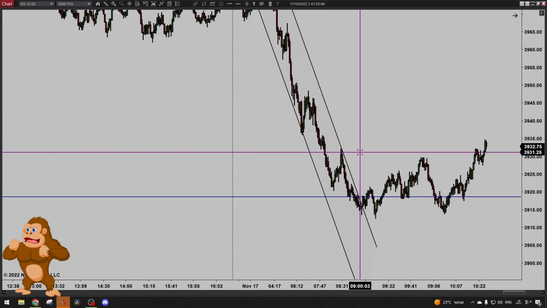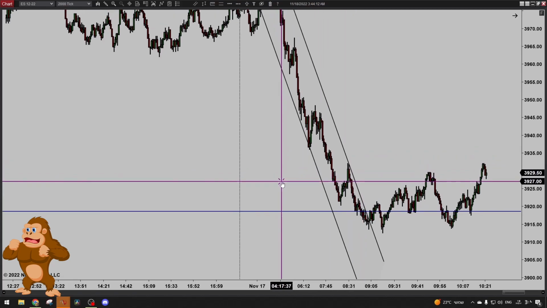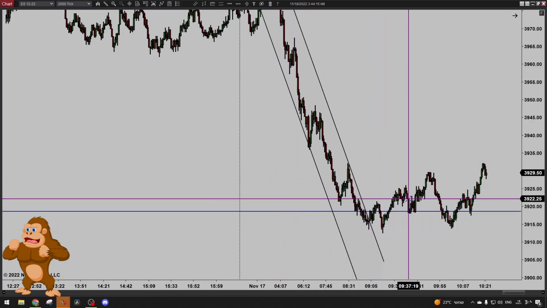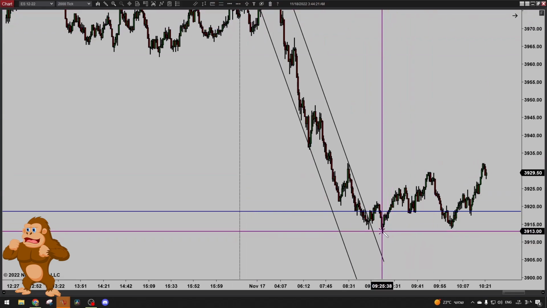So you are watching the 2000 tick chart, and if somebody else watches the 10 minutes or the 15 minutes, the 1 hour chart, this might be only a pullback. So you don't want to be the first one to jump on board. So you want to see at least 2 higher highs and higher lows. And then you can draw another channel.